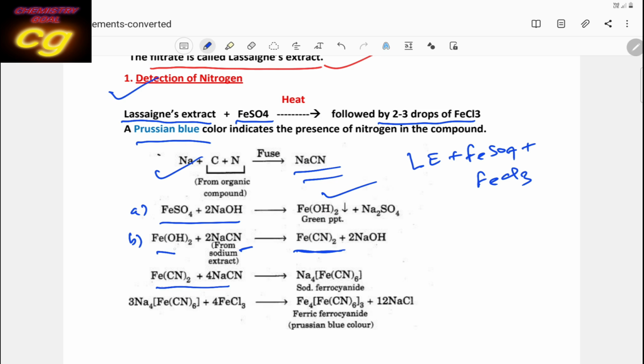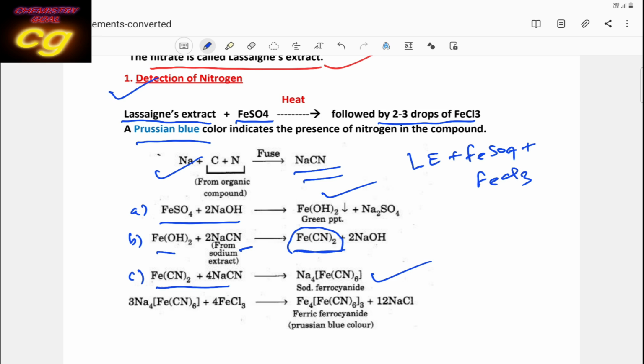In the second step, ferrous hydroxide converts to ferrous cyanide. Then ferrous cyanide reacts with sodium cyanide in the third step, forming sodium ferrocyanide. This is a very important ionic compound, a water soluble colorless substance, Na4[Fe(CN)6].